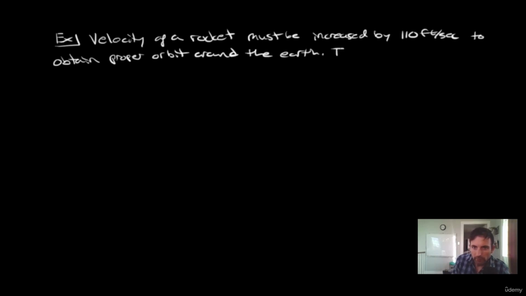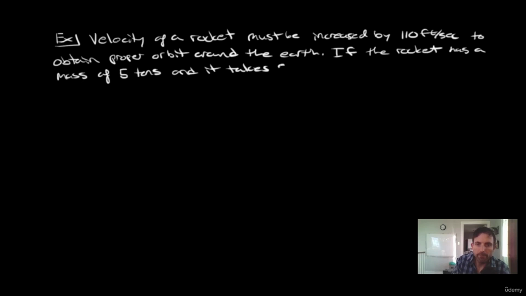So, if the rocket has a mass of 5 tons, and it takes 9 seconds to reach orbit, calculate the required thrust.